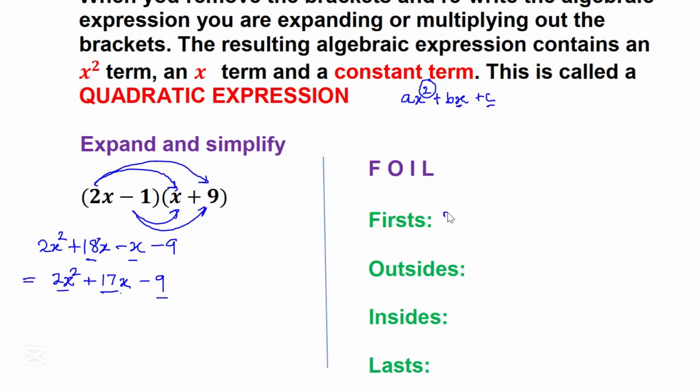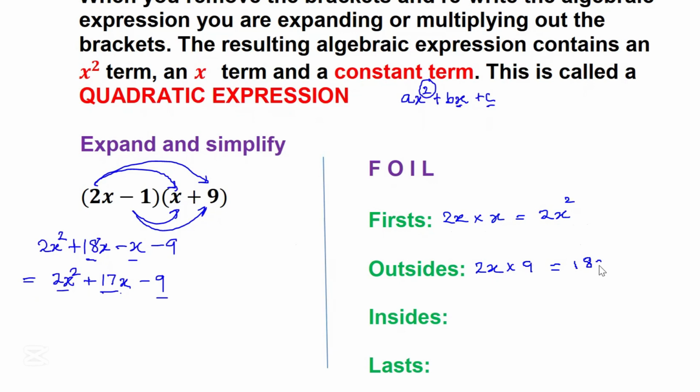So I'm going to start by multiplying the first term of each bracket. That gives us 2x squared. And then outside means multiplying the first term by the last term, which is 2x, times the last term, 9.